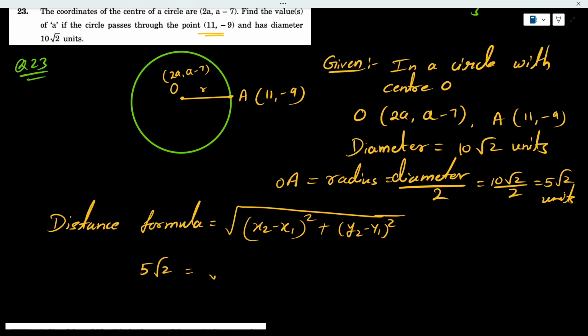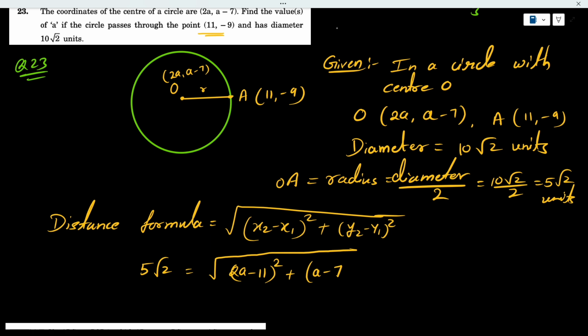Now substitute the values on both sides. What can I write here? If I take x2 as 2a, I want to put the variable term first. So 2a minus 11 whole square plus a minus 7 plus 9, because negative of negative will become positive.